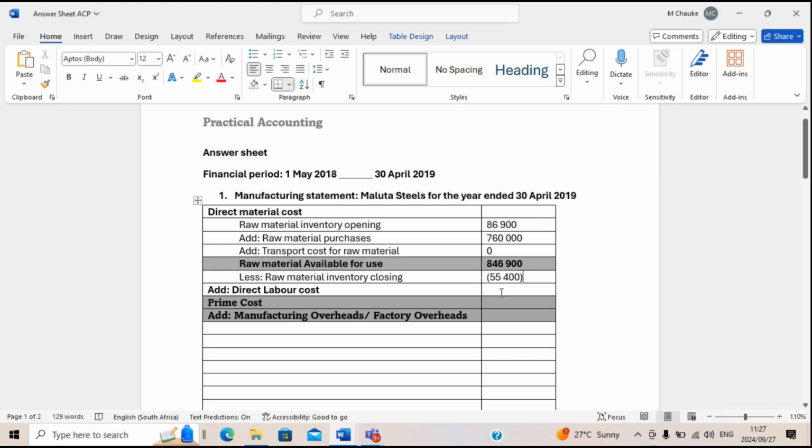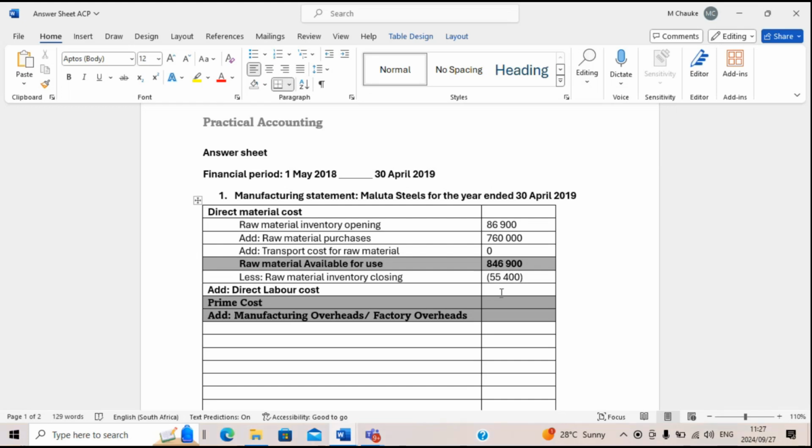Now, after that, we say raw material available for use minus raw material inventory closing, and we get our direct material cost.